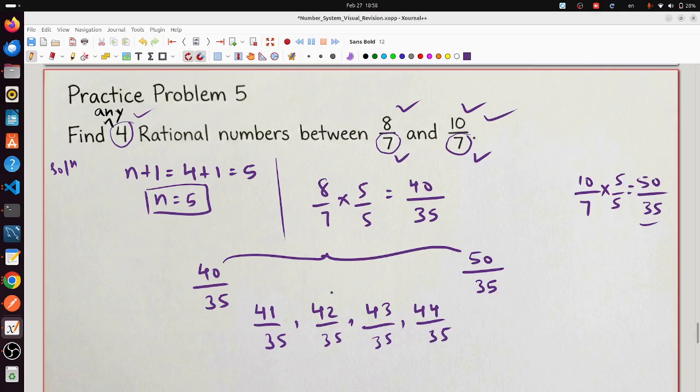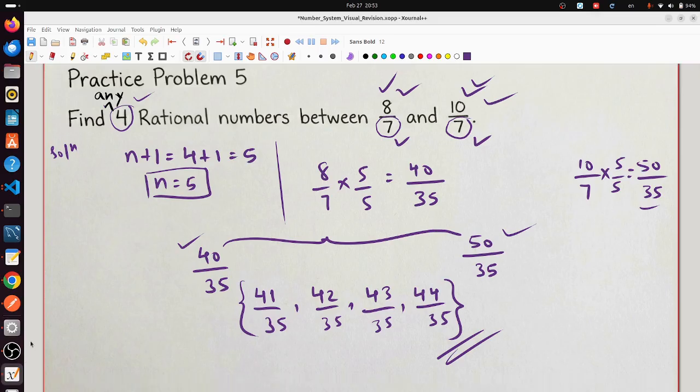You can write any 4 numbers like 45 by 35, or 49 by 35, or anything between these two. These are the 4 rational numbers between 8 by 7 and 10 by 7. Simple, right? Yeah friends, now let us see the next question.